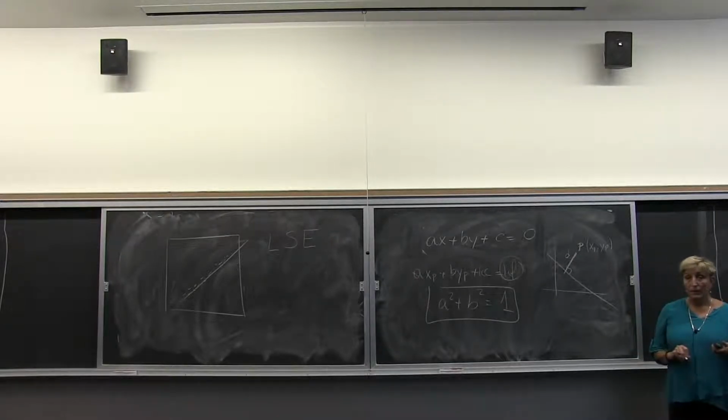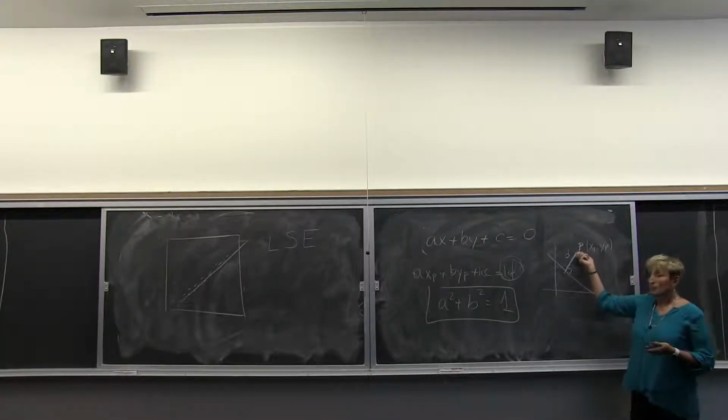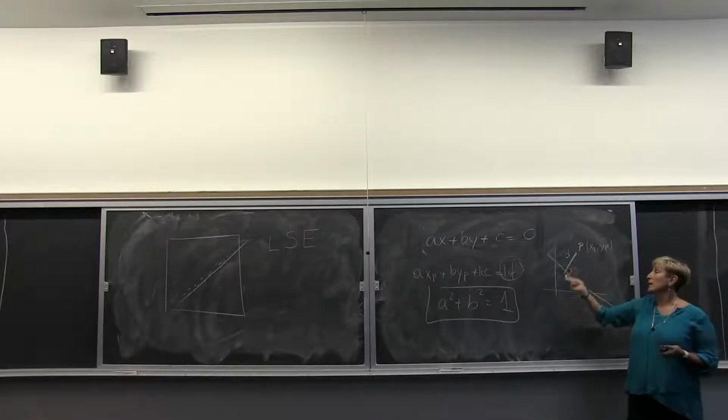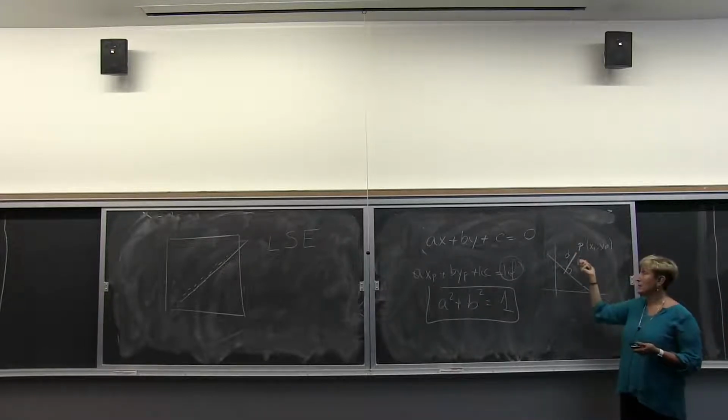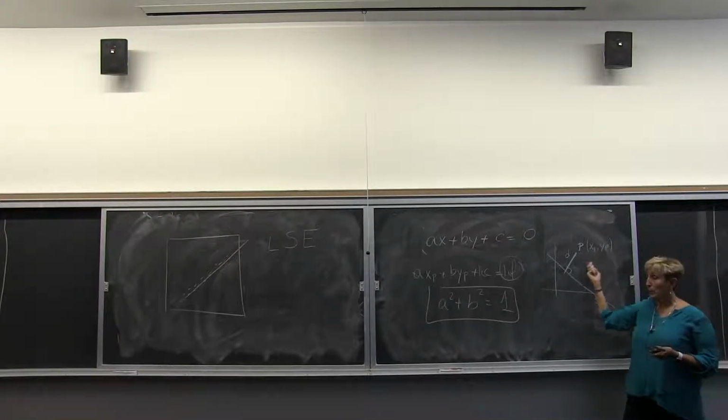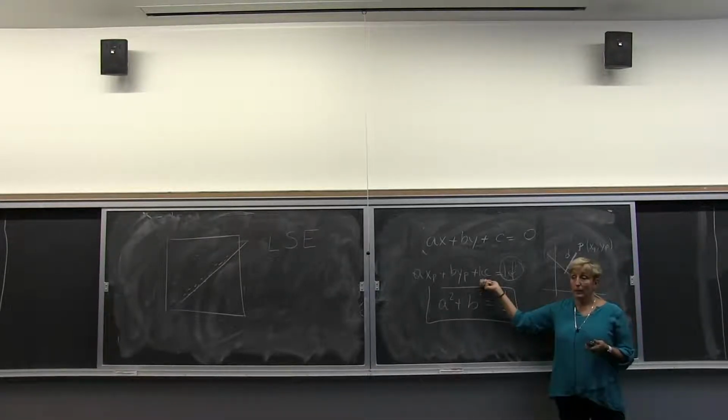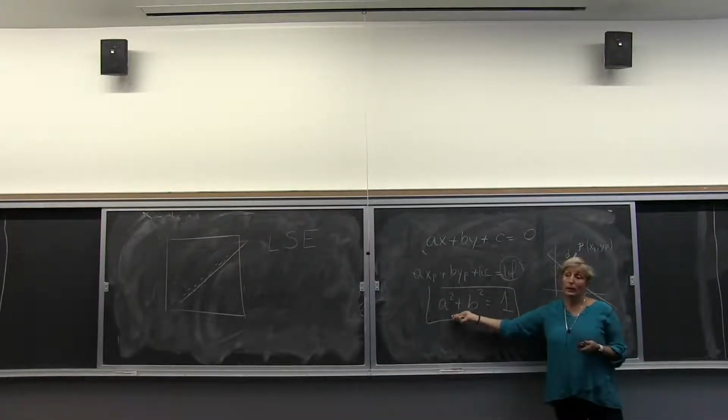Okay? All right? So, given a point and a line, the distance from the point to the line is found by plugging in the coordinates of the point into the equation of the line, subject to the constraint that a squared plus b squared is equal to 1.